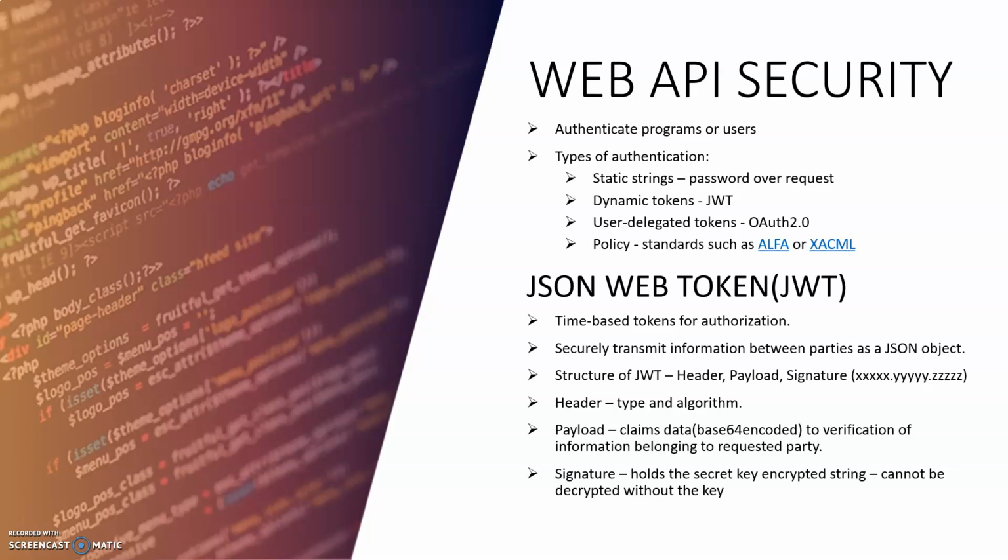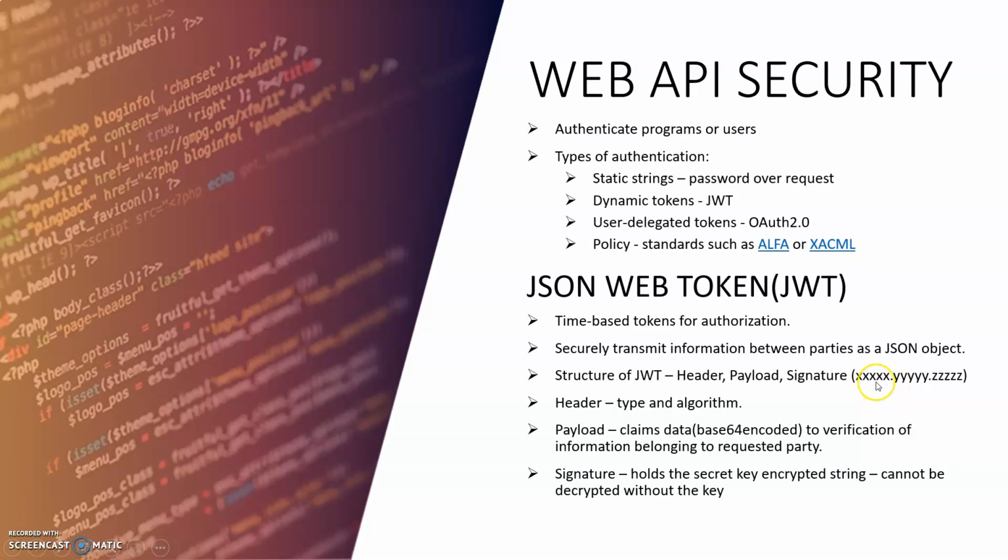These have an expiration time which we define, so that once the token is generated, it stays alive for a particular duration of time, and during that period of time, the person who bears that token can access the resources.